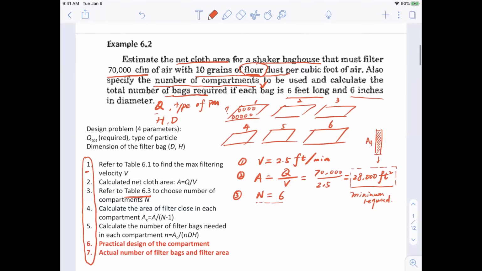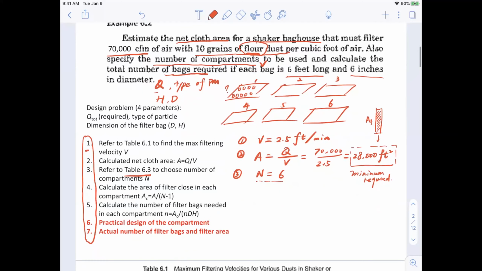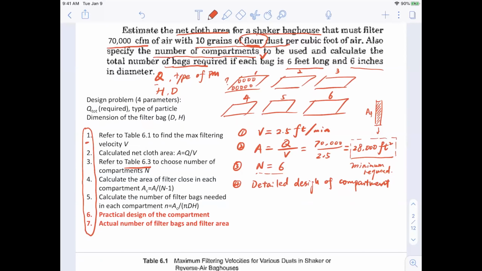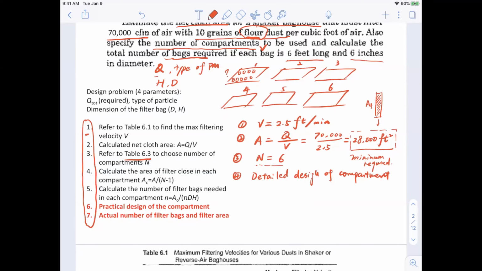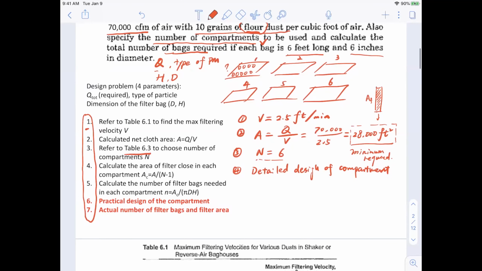So that's why we have to further go into the detailed design of the compartment. Quite many of you got 2 points deducted for this problem, mainly because you didn't go into the details here, right? Once we have the total number of compartments, the first step is to calculate the area of the filter in each compartment.